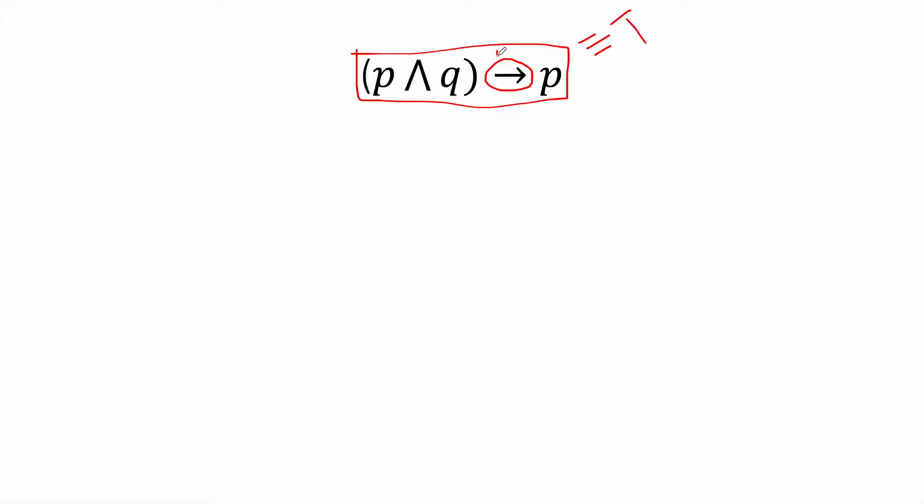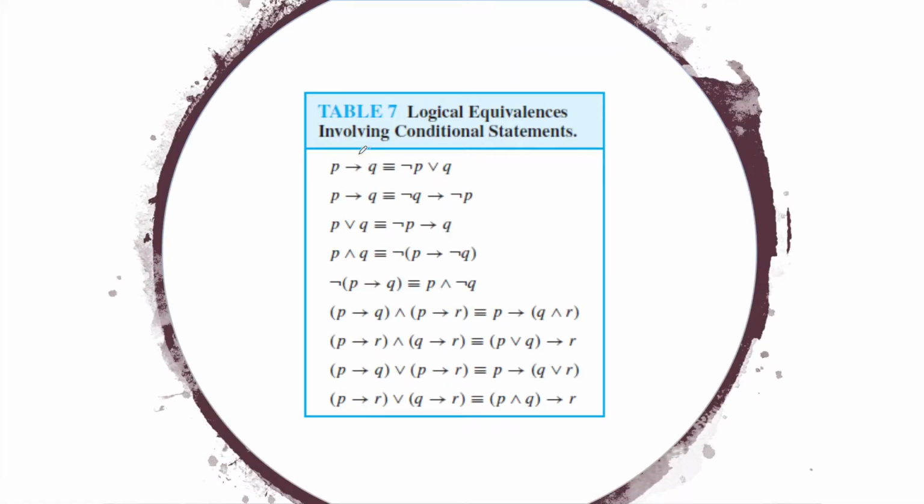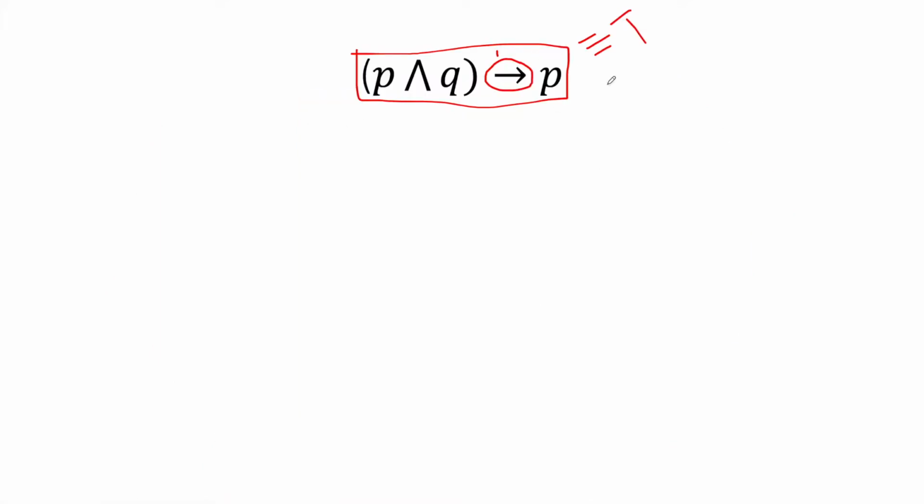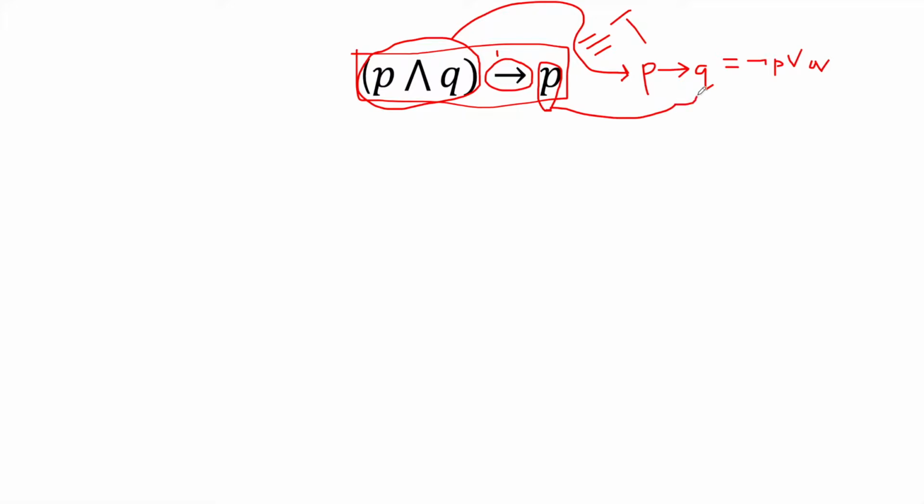By using logical equivalence, table 7, P to Q is equivalent to negation P or Q. So in this case, the P and Q here, you can assume this as P, and the P here is the Q, right?